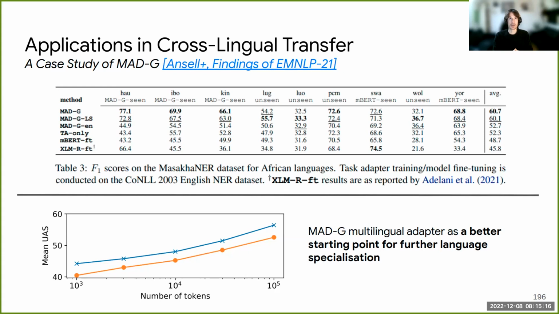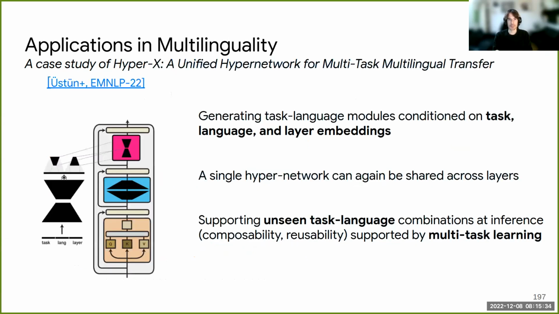So think about just having the Bible or some other religious text in that language. So that's the only data that is in the written form for the language. So it even helps with tasks like dependency parsing to start from the non-randomly initialized adapter.